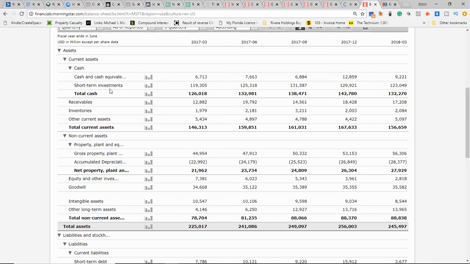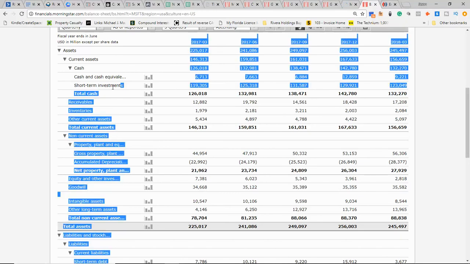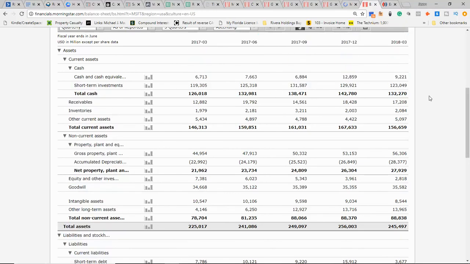So you see these short-term investments here. We'd have to go into their financials to see what these are. I assume there's some kind of bond investment, but until we go into their financial statements, we don't include this number because we don't know for sure. This will come in when we do the TEV calculation. We'll know for sure when we do the TEV calculation. So since we're just doing the EV, just this number right here, 9221.